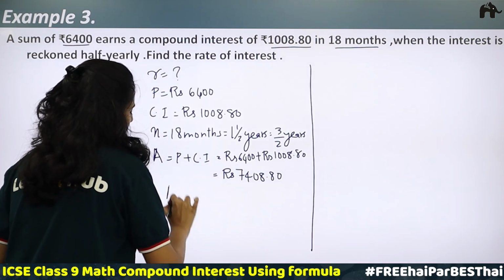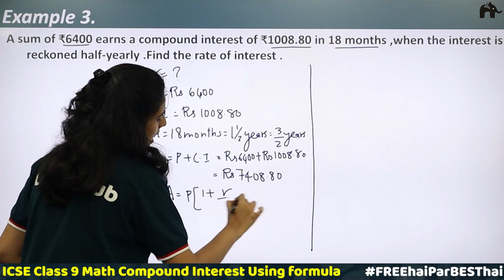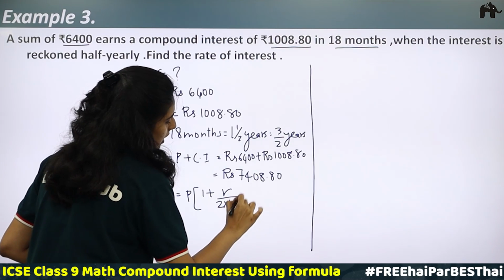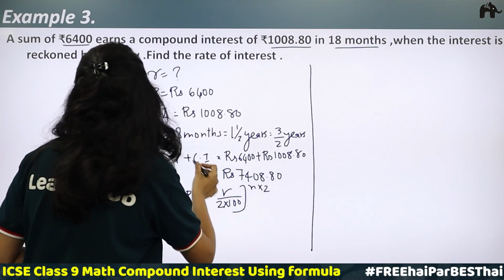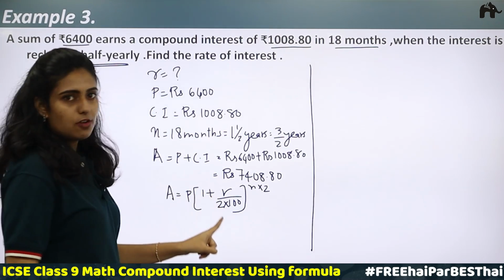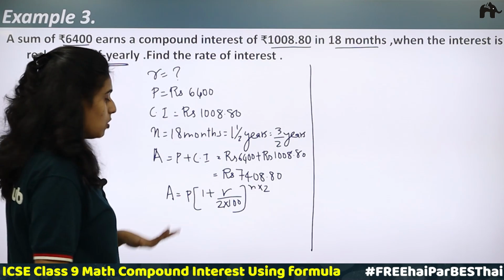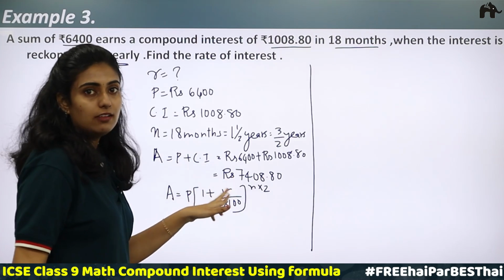Now, we will be having amount is equal to principal into 1 plus R by 2 into 100 raised to N into 2. Why? Because here the interest is reckoned half yearly. So, this is a formula that we have to use in order to find the amount. So, here substituting the known values, we are going to find what R is.